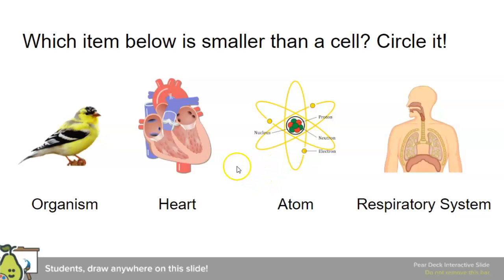So a cell is matter. It's made up of C's, H's, O's, N's, all of those different elements. So atoms are super, super tiny. They're smaller than a cell. We're going to learn that cells do make up organs and can make up organ systems and organisms too. But the atom is the thing that is smaller than a cell.